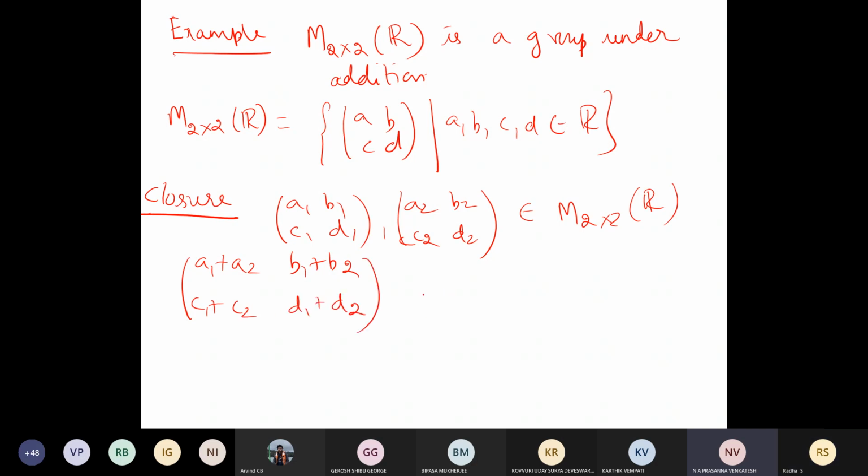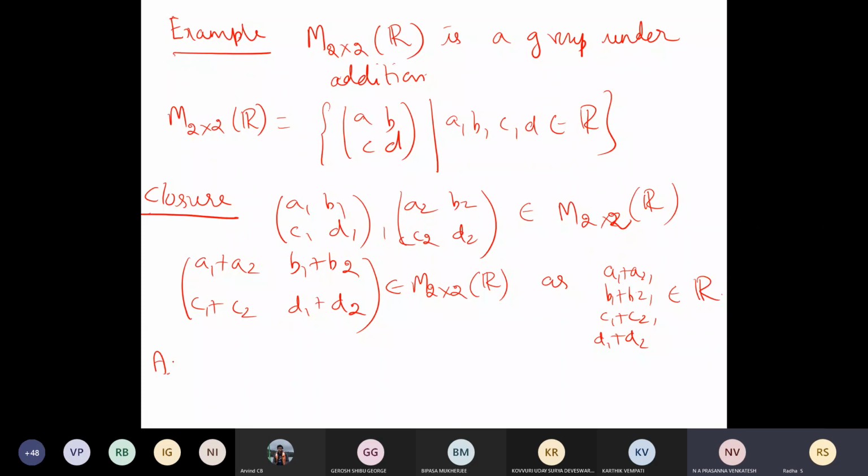When A1 plus A2 belongs to R, B1 plus B2 belongs to R, and so on. Yes, because A1 and A2 are real numbers, and the addition of 2 real numbers is always a real number. So this belongs to M2 cross 2 over R, as A1 plus A2, B1 plus B2, C1 plus C2, D1 plus D2 all belong to R.